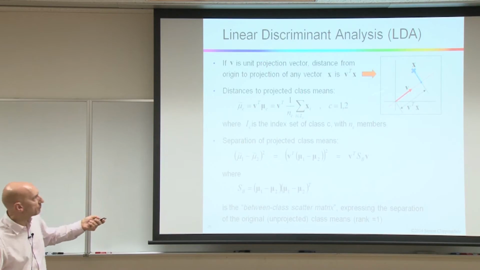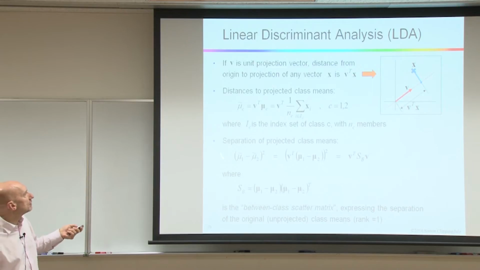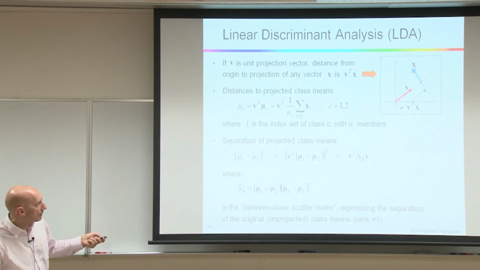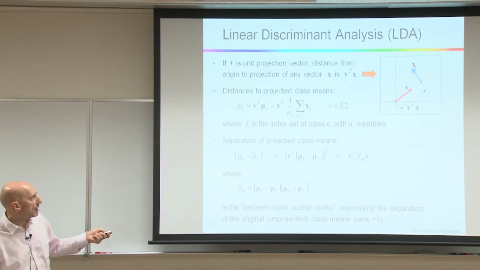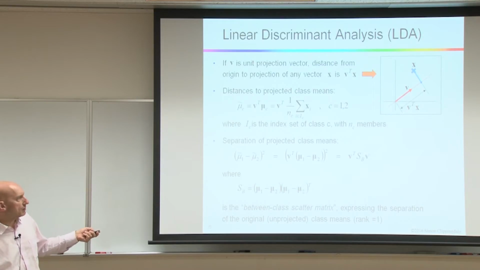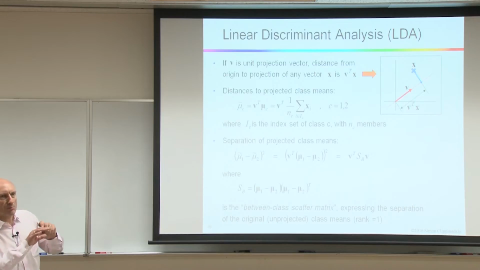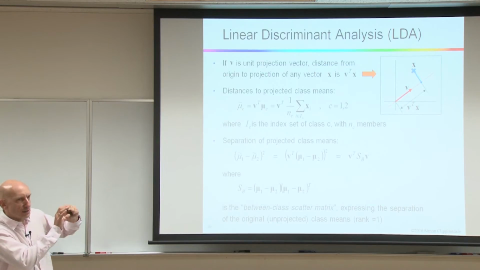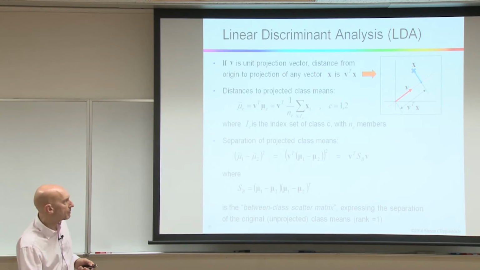The maths behind it is not really that important, but essentially what you end up with is separation of the projected class means looks like this. Here's our projection direction V, and this SB thing here is the between class scatter matrix, which expresses where the class means are in the space.